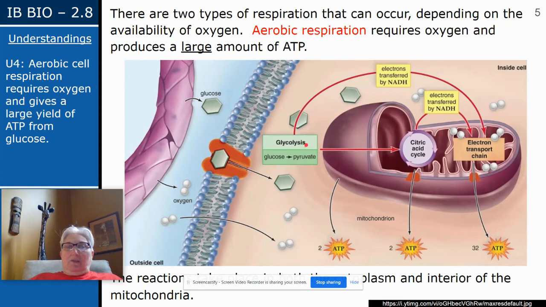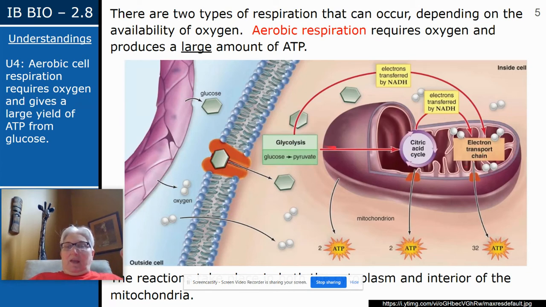Glycolysis, which is the first part, and that can be done either in the presence of oxygen or not in the presence of oxygen. We'll look at both of those. The citric acid cycle here is part 2, and then the electron transport chain is part 3.